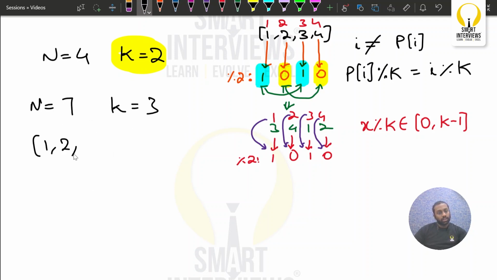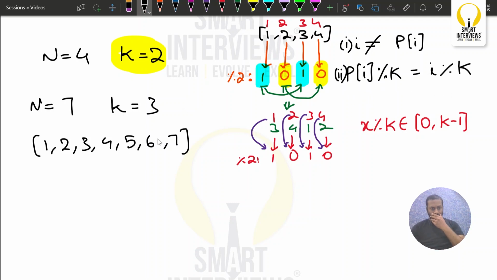Now n equal to 7, I know that the default permutation is 1, 2, 3, 4, 5, 6, 7. Obviously, the first condition itself is not satisfied, so the second condition we need not worry about as of now. Coming to the modulus values, I'm taking modulus with 3.